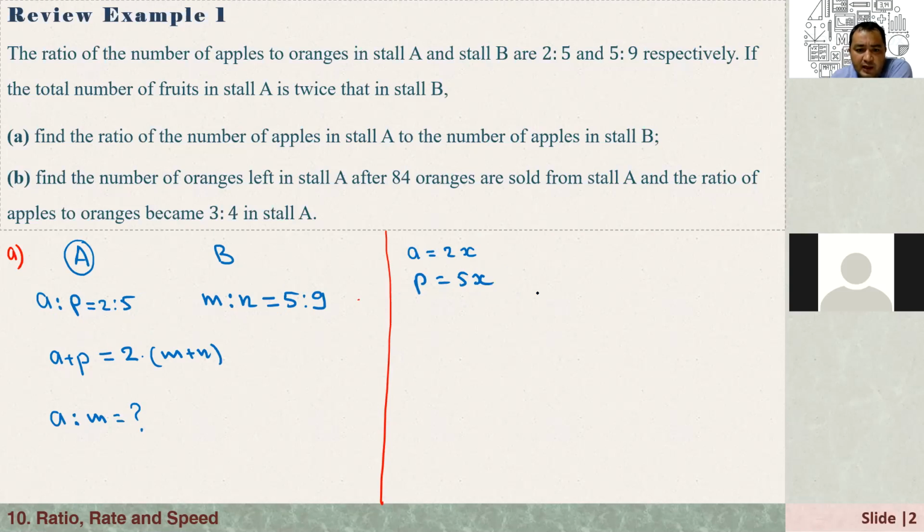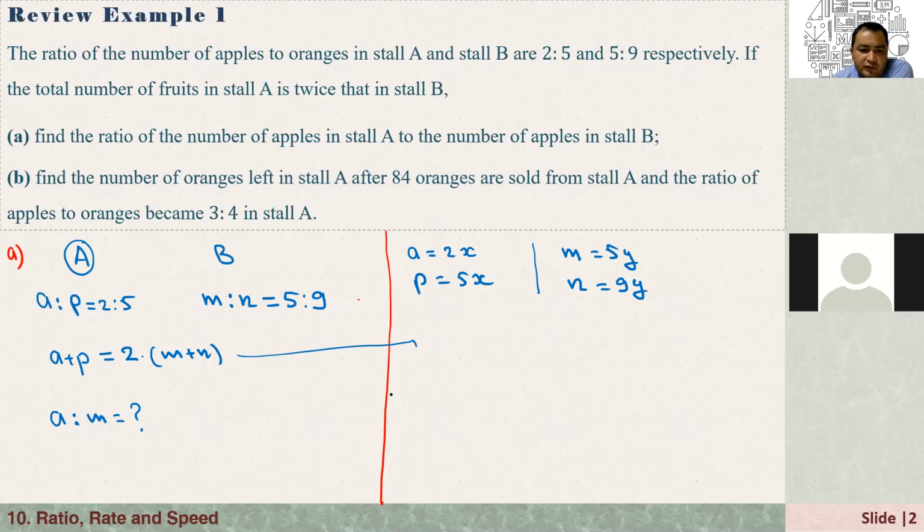On the other hand, how about in stall B? M is the number of apples. So M to N is equal to 5 to 9. That means that if M equals 5Y, then N is equal to 9Y, right? Now from here, just substituting, A plus P means 2X plus 5X, that's equal to 7X.